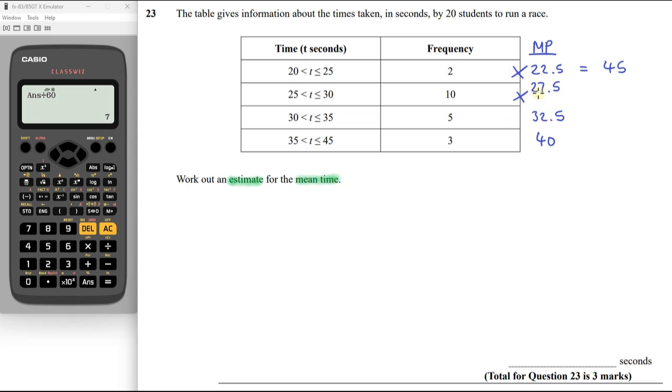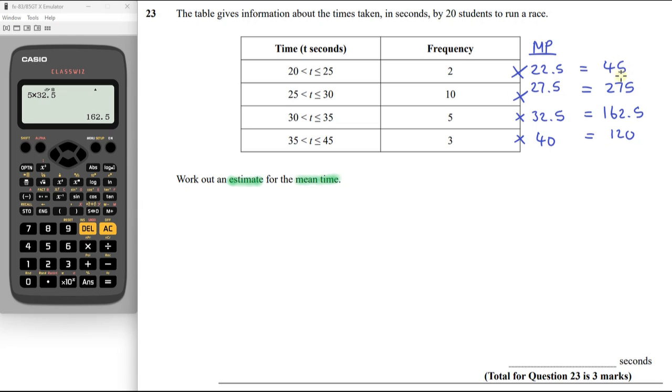So 10 times 27.5, that is 275. 5 times 32.5, let's put that into the calculator. 5 times 32.5, oh, not 33.5, just notice that there, 32.5. And convert that to a decimal, we get 162.5. And finally, 3 times 40, well, that is 120.